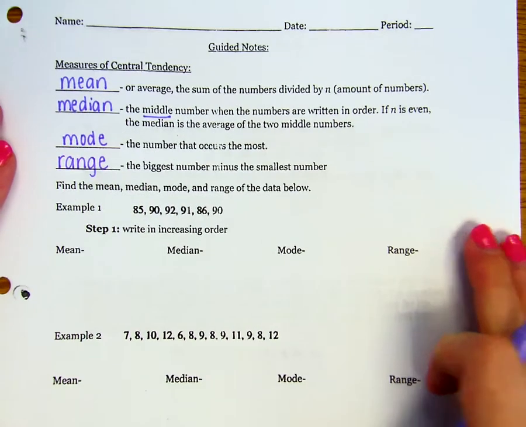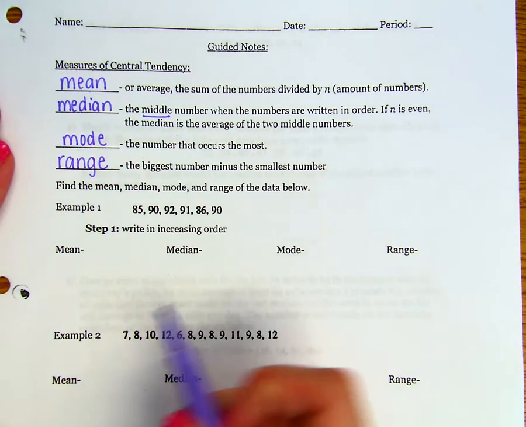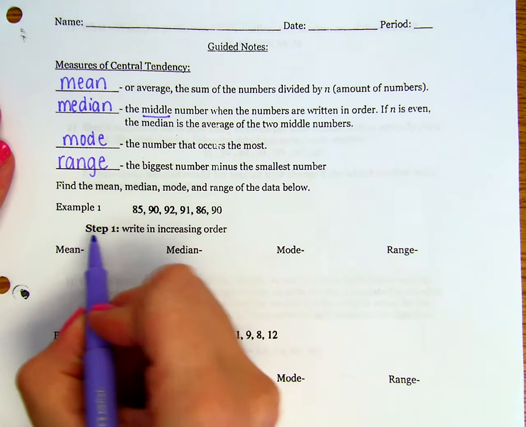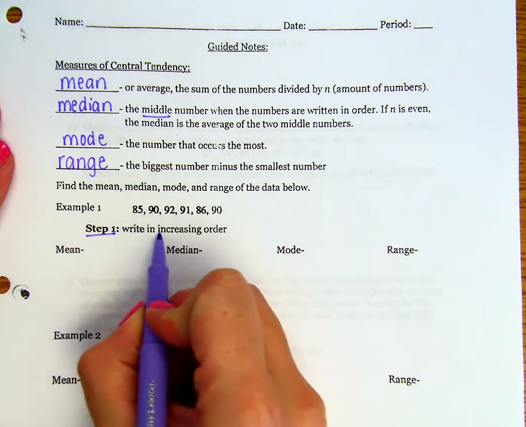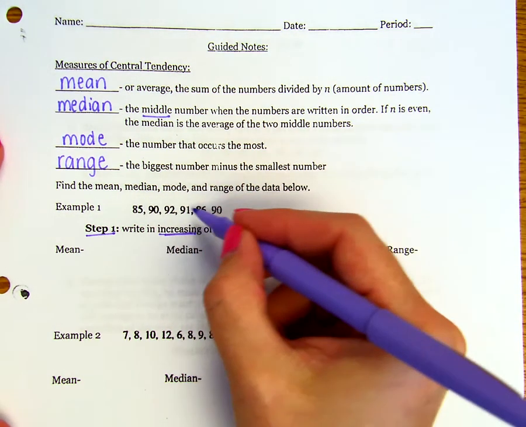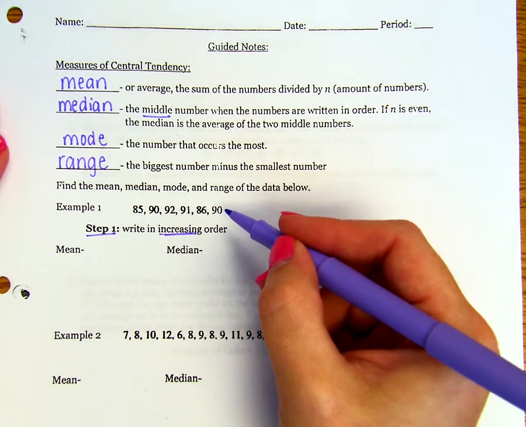So now in our examples below, it wants us to find the mean, median, mode, and range for the data set. Now here it says step 1 is to write in increasing order. Increasing means getting larger, so from smallest to largest. So we're going to take these numbers and rewrite them from smallest to largest.